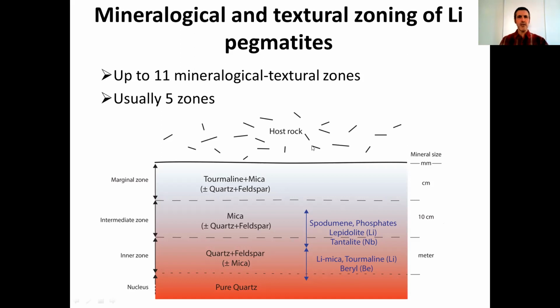And finally, close to the host rock, we have the marginal zone, where we have tourmaline and mica, plus or minus quartz and feldspar. The crystals are a few centimeters to millimeters long only. So that's an example of mineralogical and textural zoning in pegmatites.